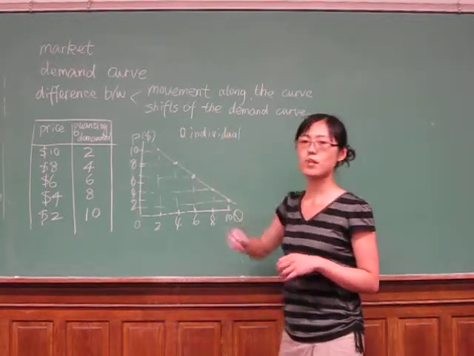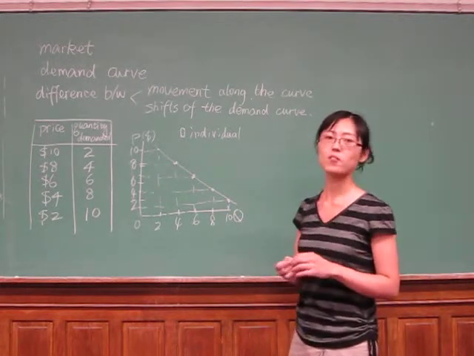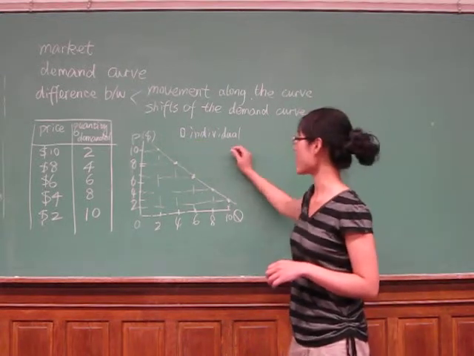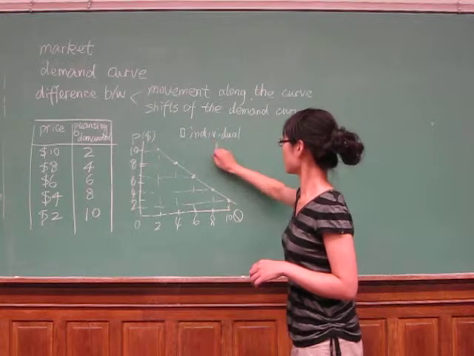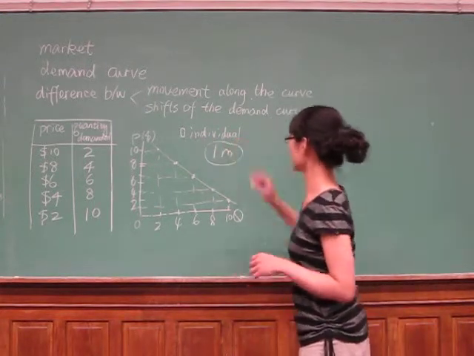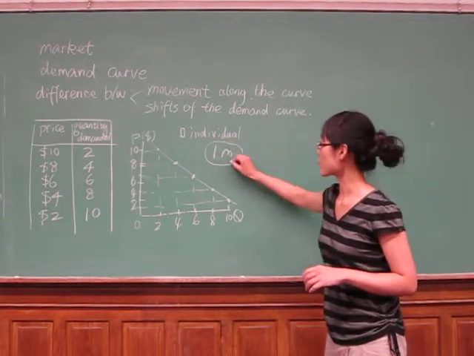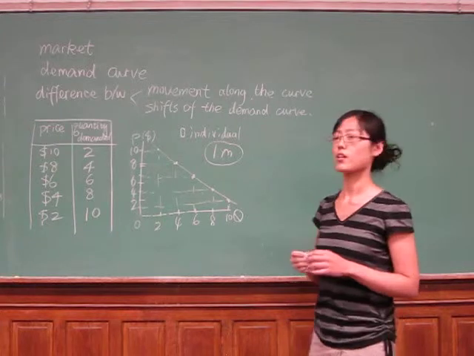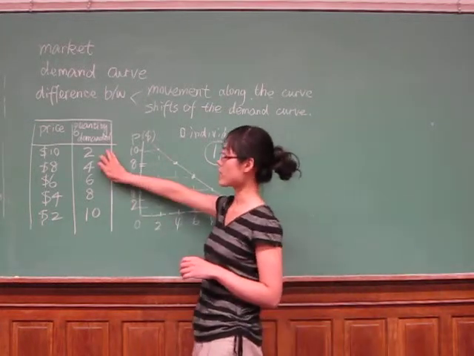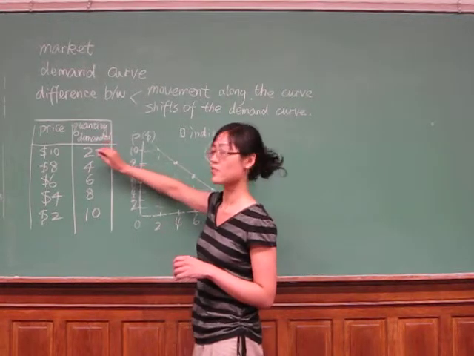And of course, in the market, there are way more than one individual who wants to buy cups of coffee. Suppose in the market we have 1 million people. To simplify it, we assume that all the people are the same. There are 1 million people, so now the quantity demanded for the whole market is 2 million, right?